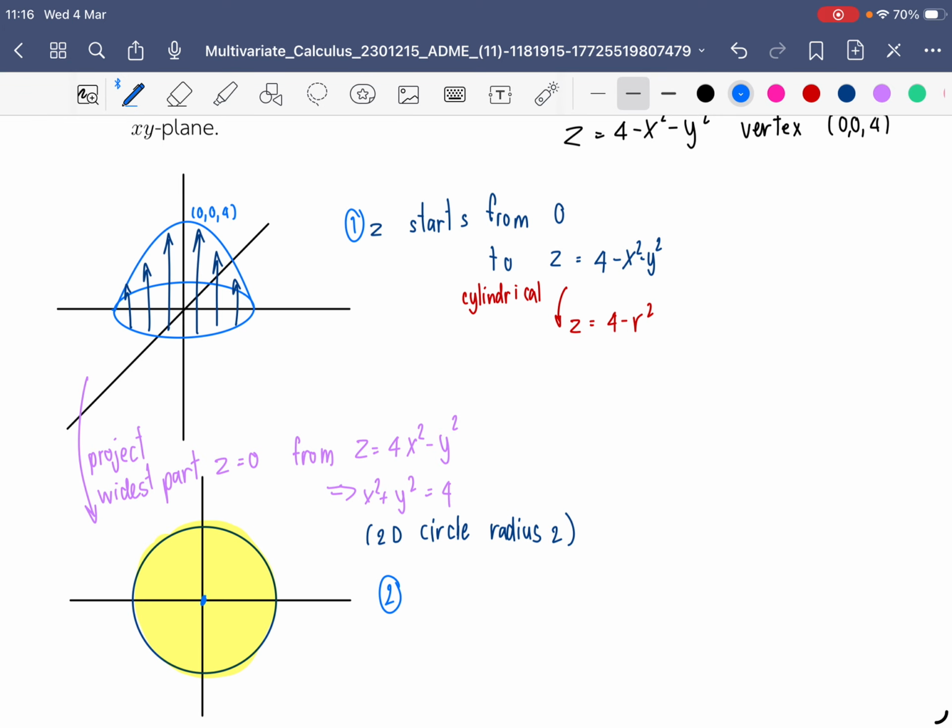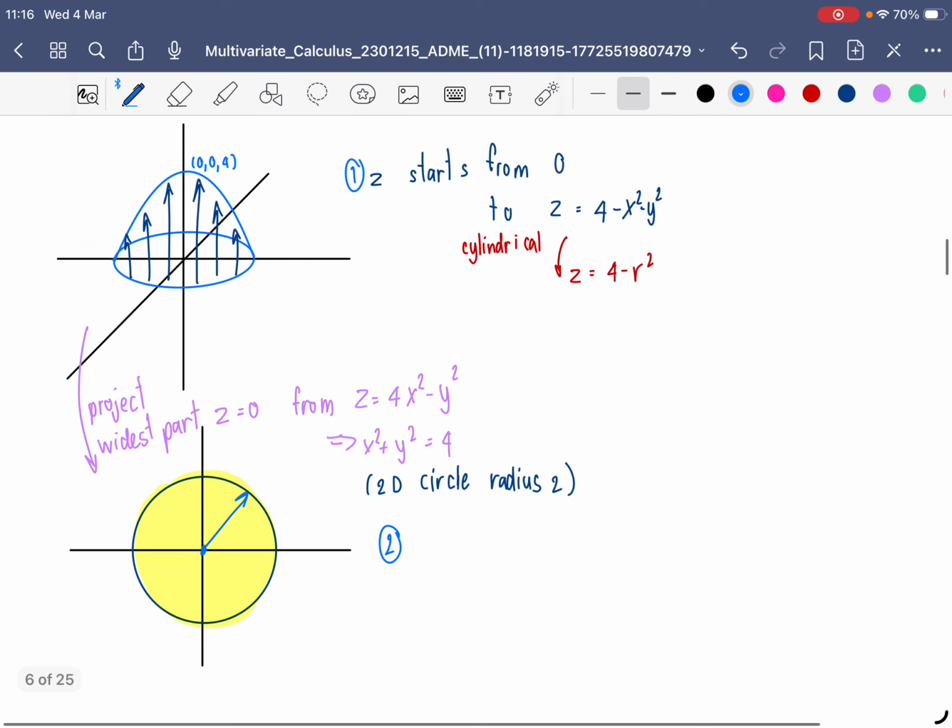From 0 to 2, right? Because the outermost region is when it touches the circle x squared plus y squared is 4. This comes from x squared plus y squared equals 4, which is r squared. So your r is 2.